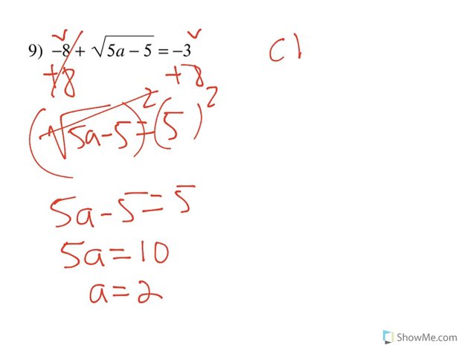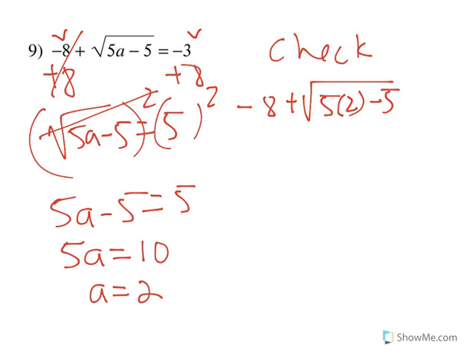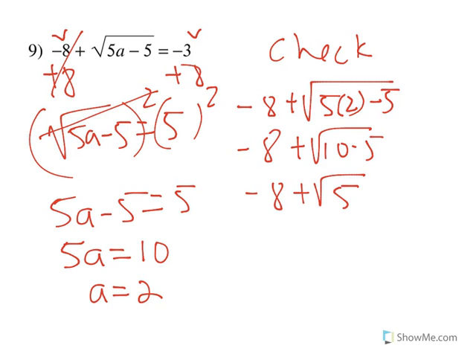Now we need to check our work. We have negative 8 plus the square root of 5 times 2 minus 5. Oops, I see that I made a mistake, because when I check my work, this gives me 10 minus 5, and negative 8 plus the square root of 5, which is not the same as the original.